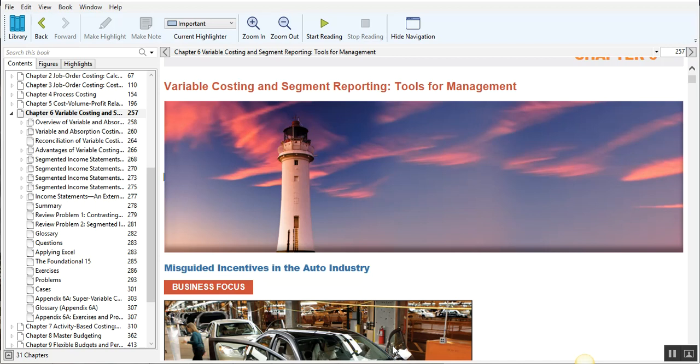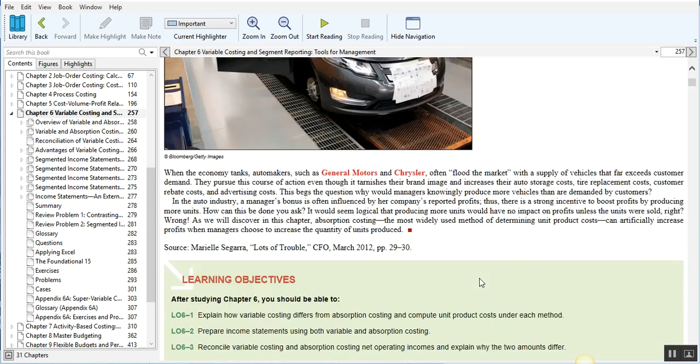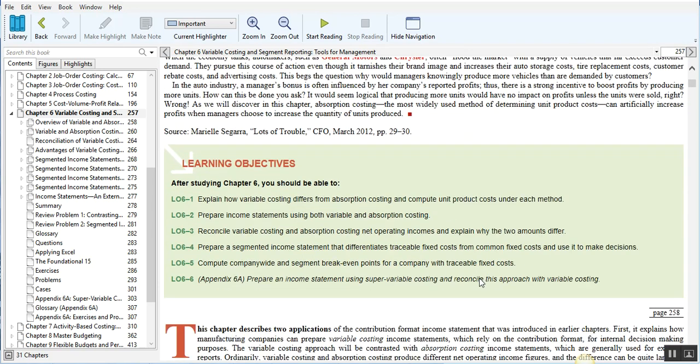In this chapter, we're going to look at variable costing and absorption costing, and basically how we look at segment reporting. Segment reporting is very important, especially in larger businesses, but we're going to talk about how we do that using a couple of different approaches.